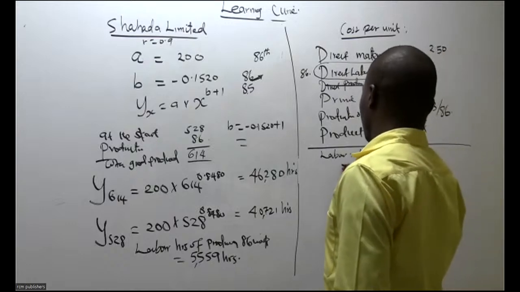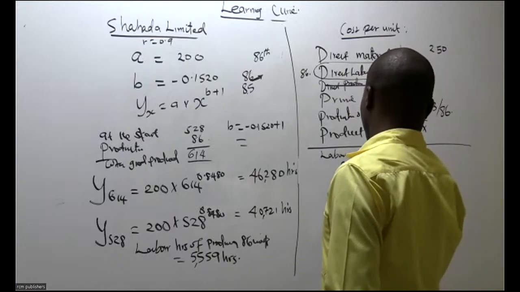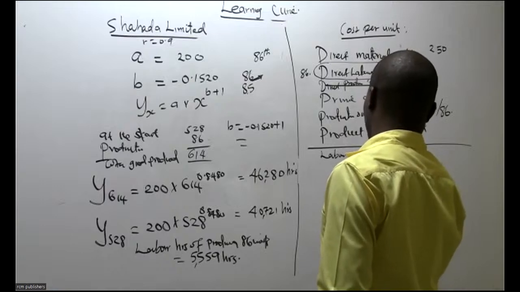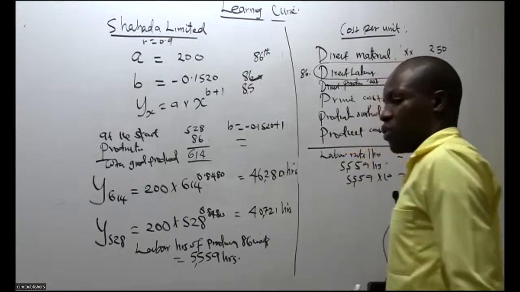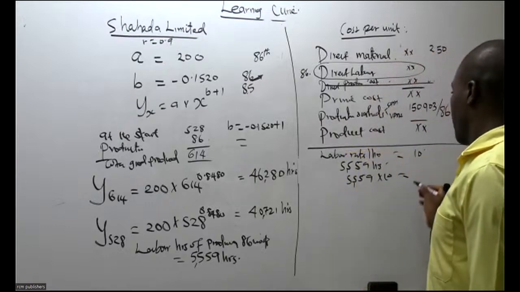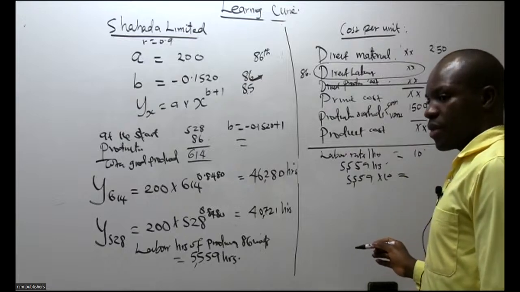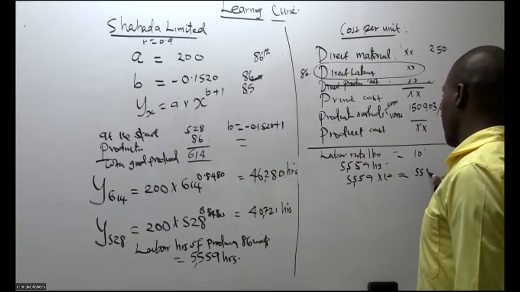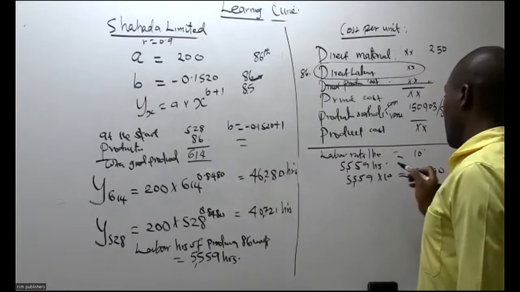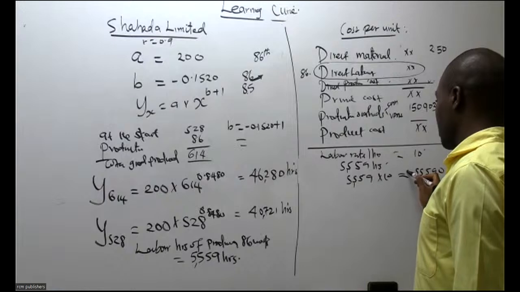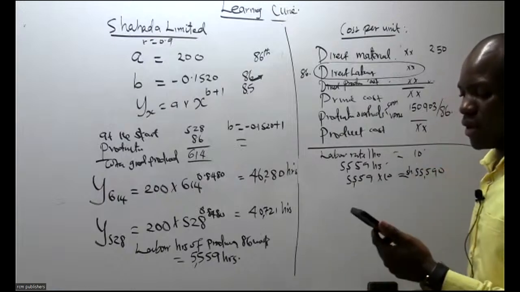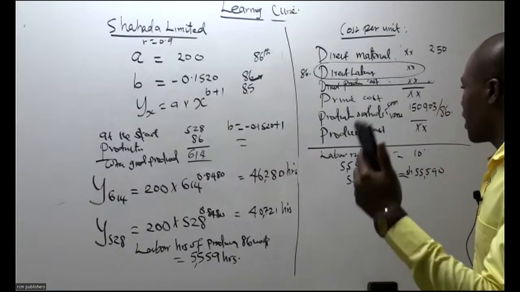Then we have a total of 559 hours. So 559 times 10 gives us 5,590. Now that is not hours, but shillings. That is the total labor cost.